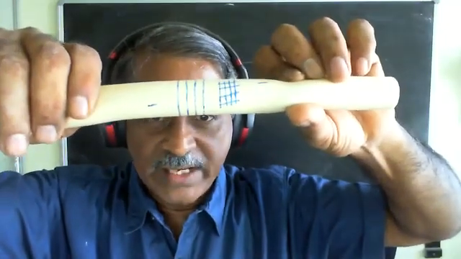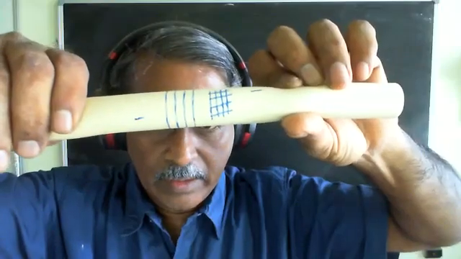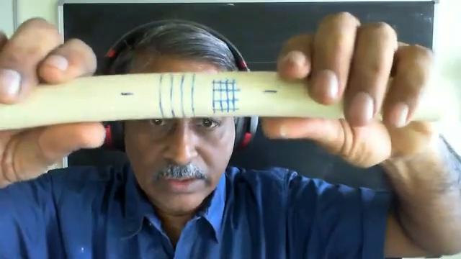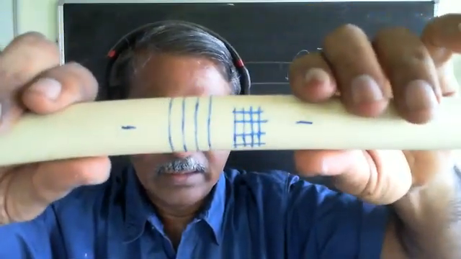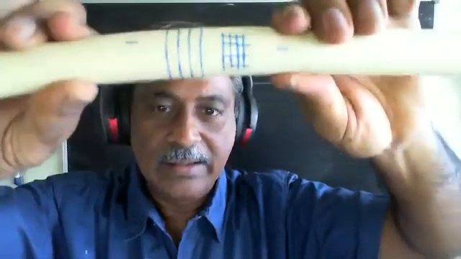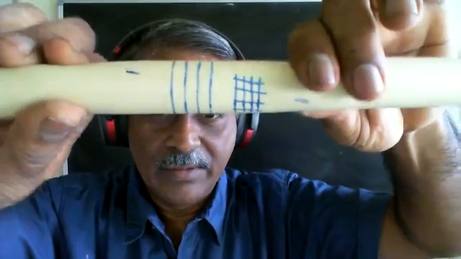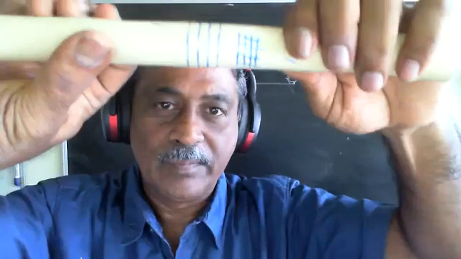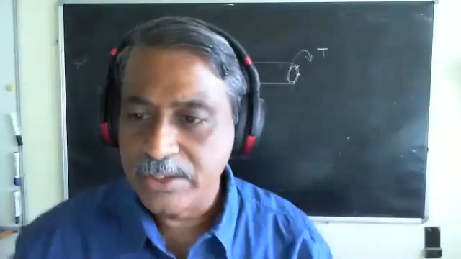I'm twisting now. Let's understand what happens here. Can you figure out what happens here? Again, I'm going to do it once more. Just watch it carefully. Are you able to see it now? This is the original. This is the deformed. What change do you see?